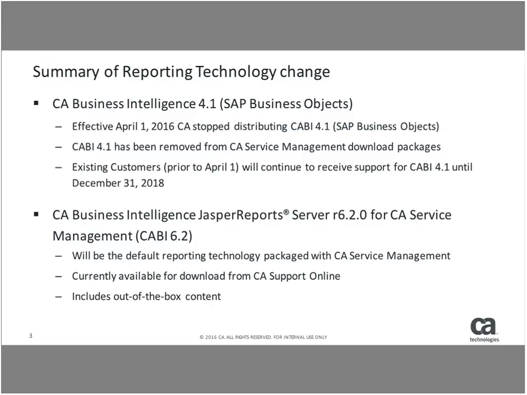All reporting capabilities would be delivered by CABI 6.2 going forward. And like I said earlier, it is currently available for download from CA Support Online. You can go to the product download pages, and there is a new DVD added for CABI 6.2, which also includes out-of-the-box reporting content on the new technology.